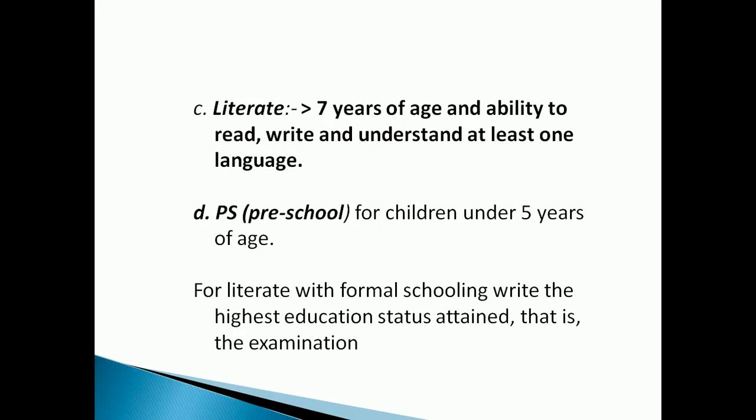How do we classify these people? We have to classify on which standard the particular person is studying. Suppose a person is studying high school, plus 2, or matric, like that. So we have to classify accordingly and write it.